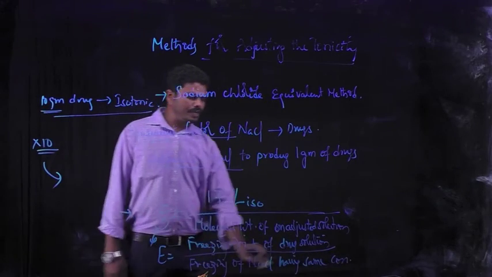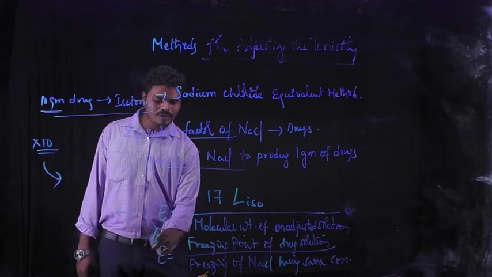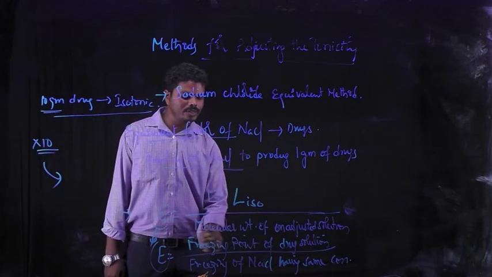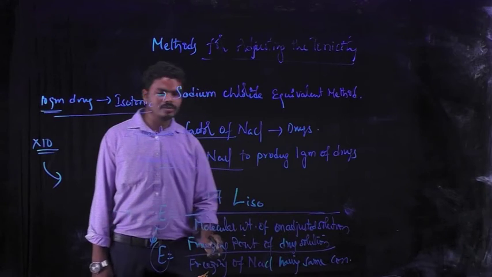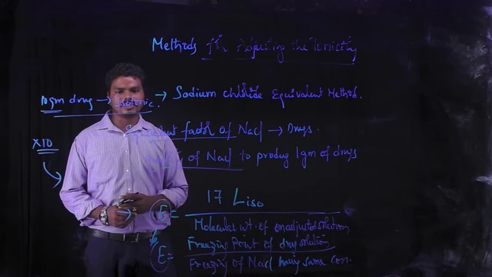So when you take the same concentration of the drug and NaCl, the E value is nothing but the ratio of freezing points of the drug and NaCl solution. So this is another method used for adjusting the tonicity.